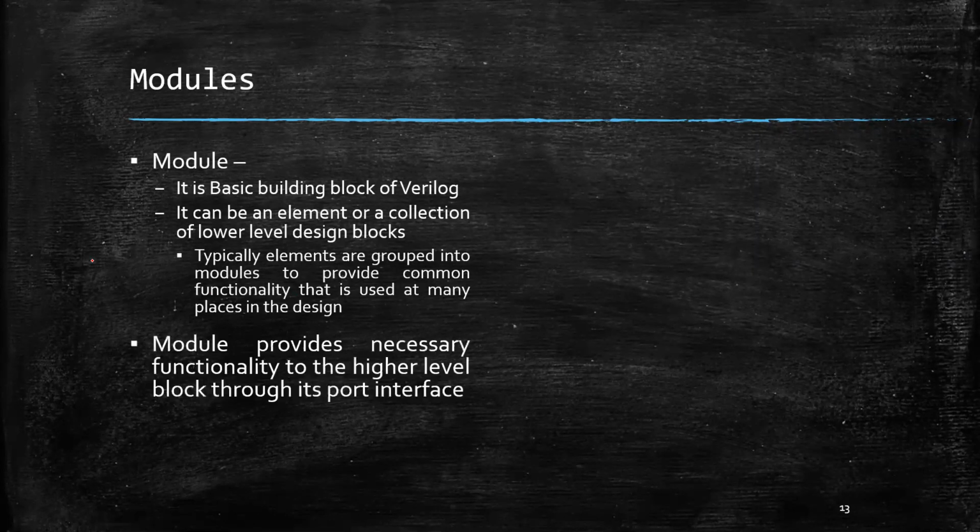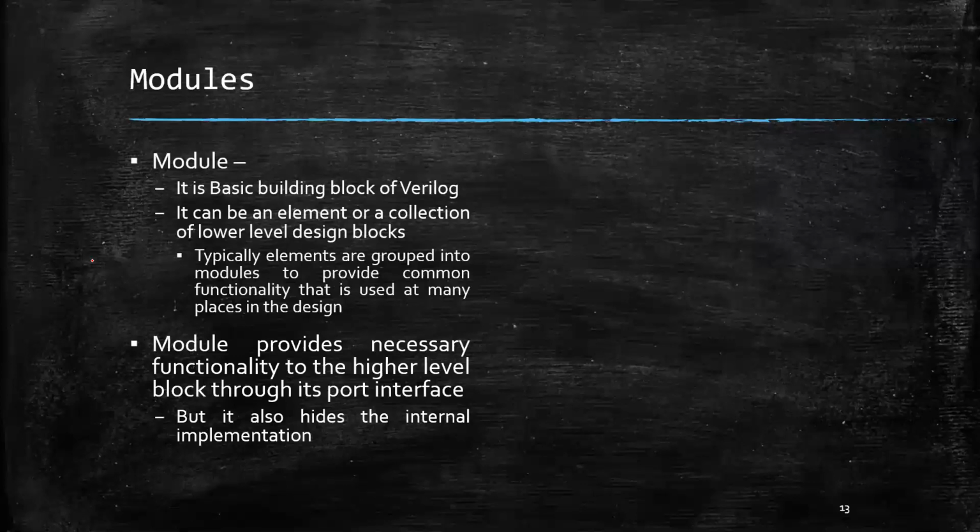A module provides the functionality which is represented at the higher level of interface, the higher level block. We have 4 levels of representation: the switch level or circuit level, then the data flow level, then the gate level, and the behavioral level.